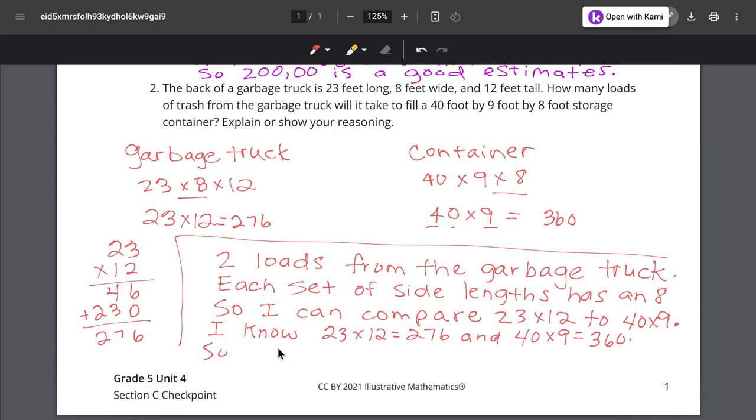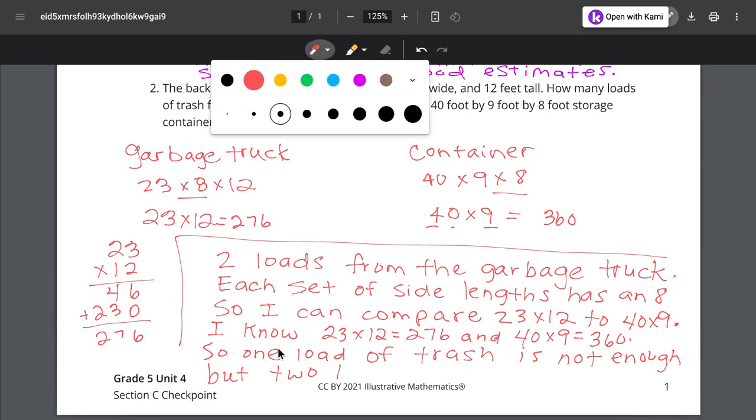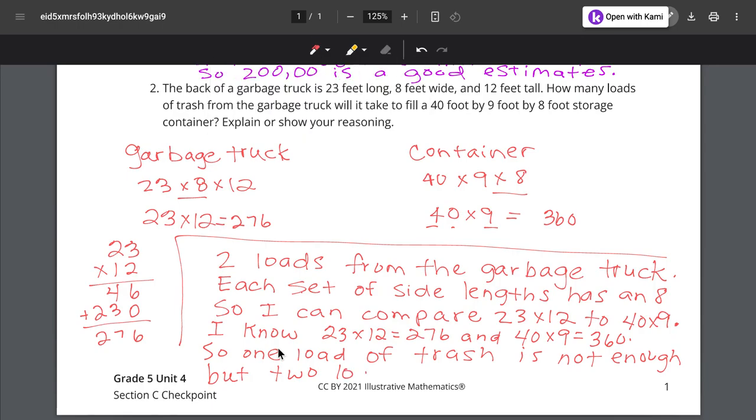So one load of trash is not enough, but 2 loads are. Oops. Let me erase this. I'm so close to the end. I don't want to lose it now. Here we go. But 2 loads are.